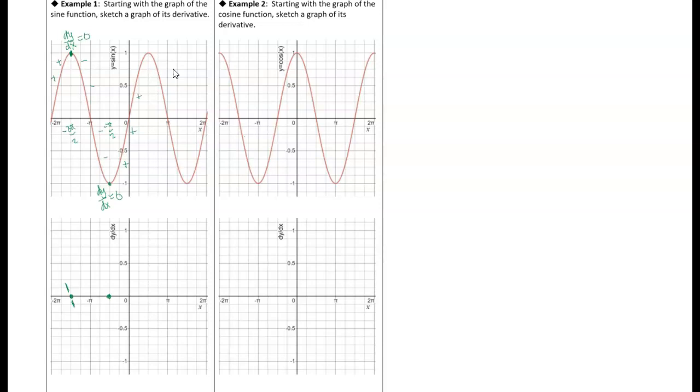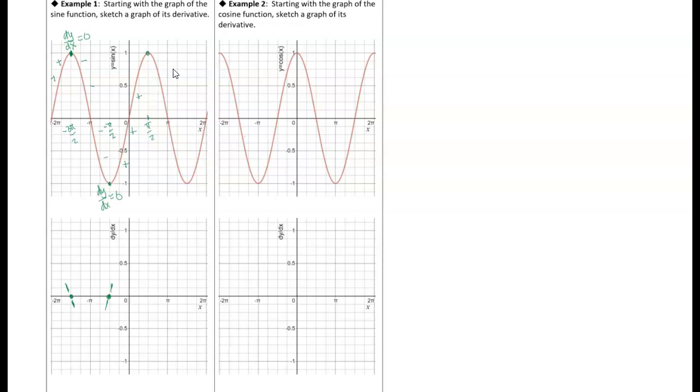You can see we're increasing as x increases. We have an increasing function between negative pi over 2 and about pi over 2. In this case, we're going from decreasing to increasing, so it's going to look something like that, going through that point.